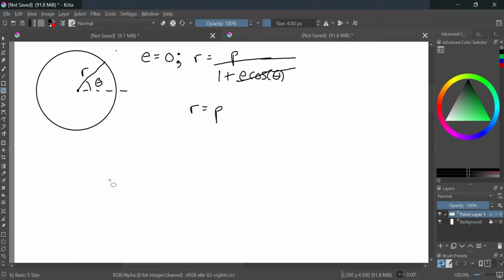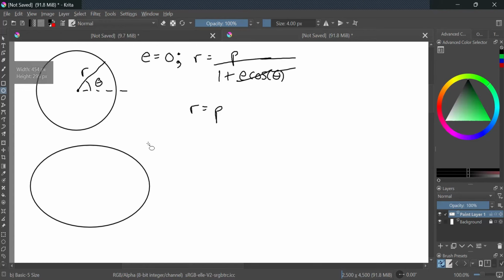Our next point of interest is the ellipse, where we have one focus that is occupied and another focus that is not.